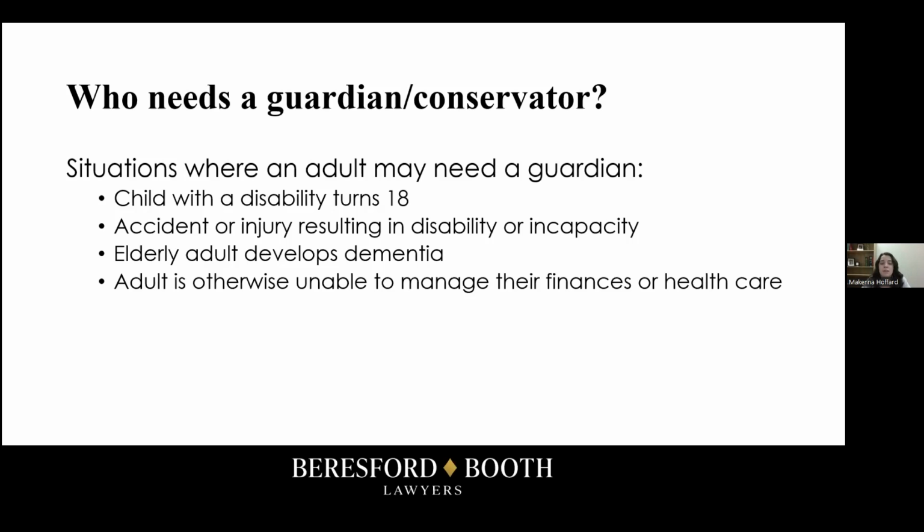And then the other one that's incredibly common is an elderly adult becoming older and developing dementia or some other form of memory problems where they really just don't understand what's going on, can't comprehend, again, the weight of the decision they're making or what the long-term effects will be, can just be talked into anything or are very susceptible to abuse at that stage. And then, yeah, in general, there are a lot of different things that could cause someone to need a guardianship or be a candidate for it. Those are the three I see most commonly, though.